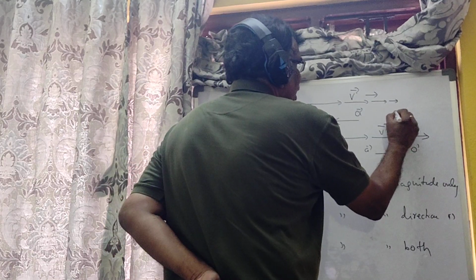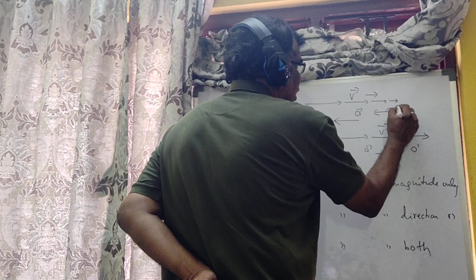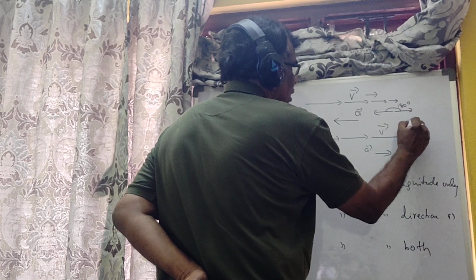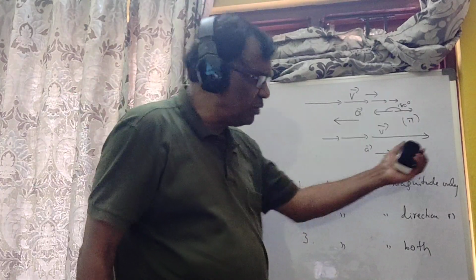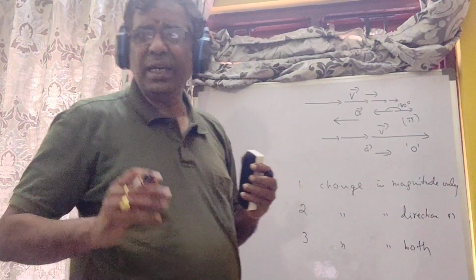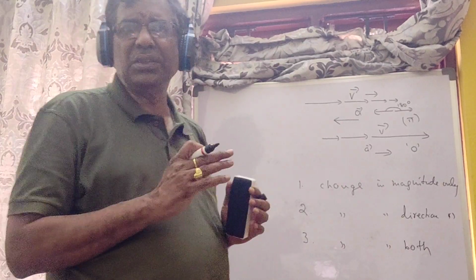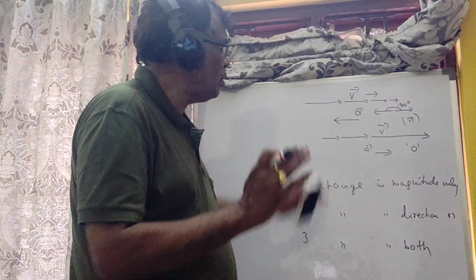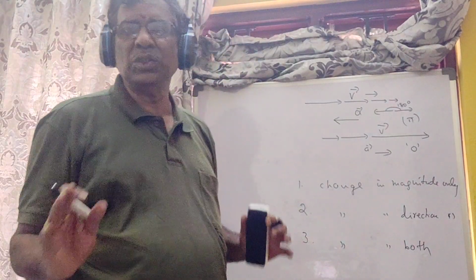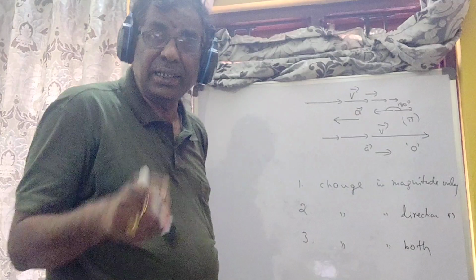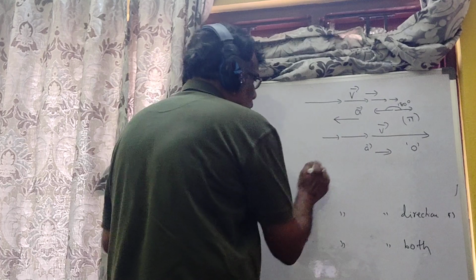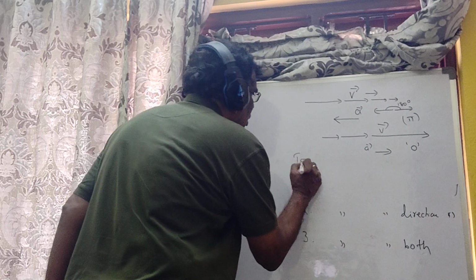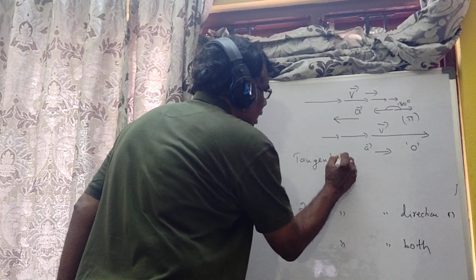In this case, the angle between velocity and acceleration is 180 degrees, or we call it pi. You remember, we already defined this before, that whenever the angle between acceleration and velocity is 0 or 180, we call such a motion 1D motion. And incidentally, very important, acceleration in 1D motion is called tangential acceleration.